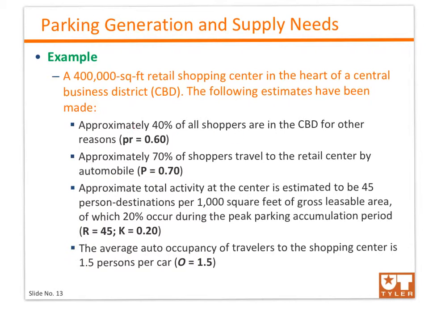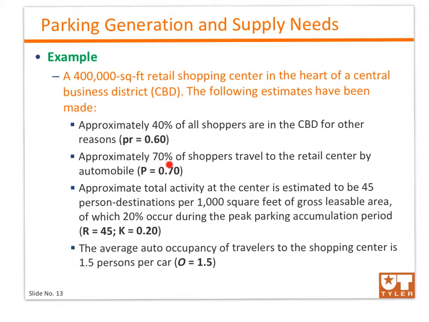The first thing is that approximately 40% of all shoppers in the central business district are there for other reasons. That means PR is 60%, coming for this reason in particular. The 40% are coming to the central business district to visit friends who live downtown, or to do other things. But 60% are coming for shopping.